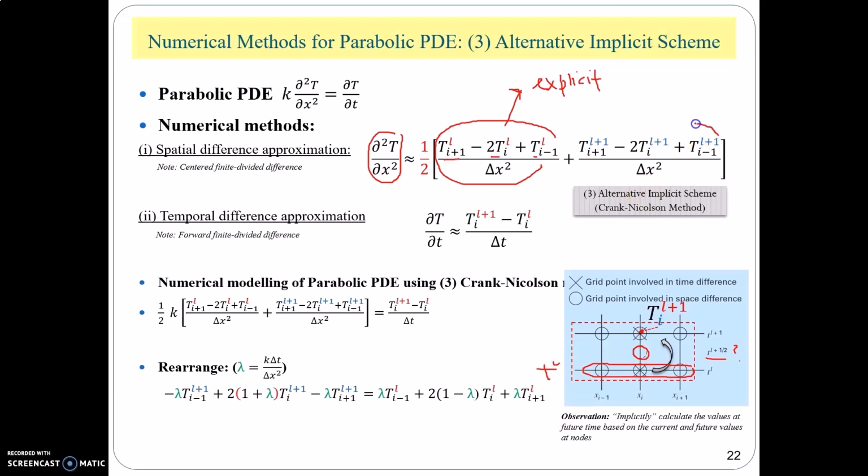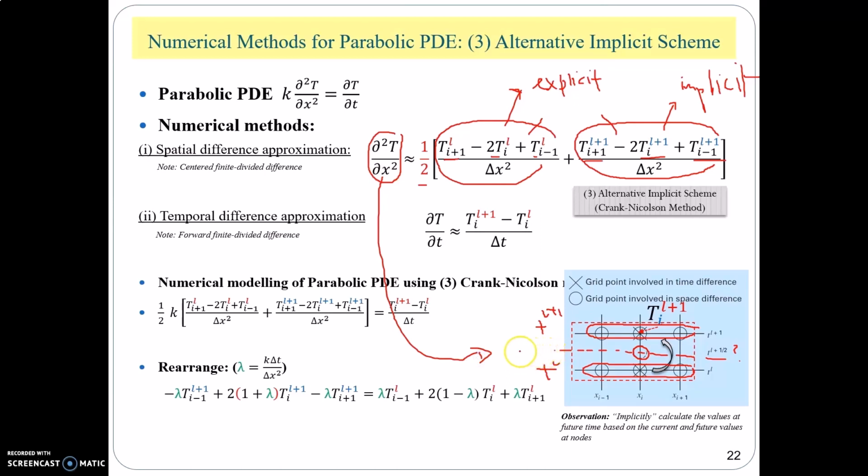Then you use the implicit method, which is this formula alone, to approximate the d squared T over dx squared by using these 3 temperature information, which is located here at L plus 1. So when you take the summation of these 2 approximations and divide it by 2, you actually obtain the d squared T over dx squared information at L plus 1 over 2.